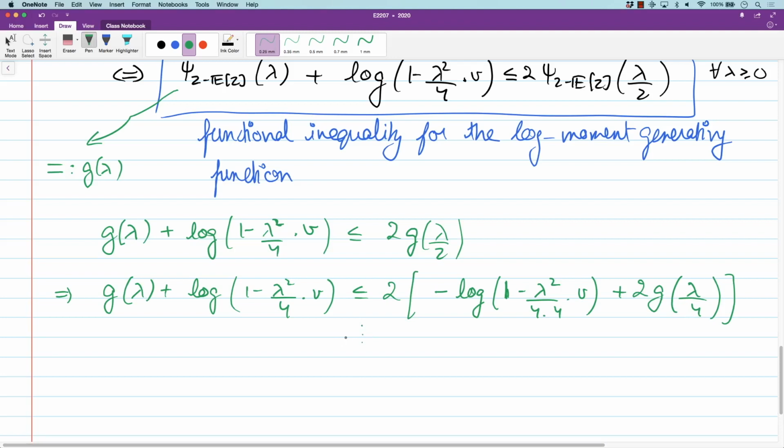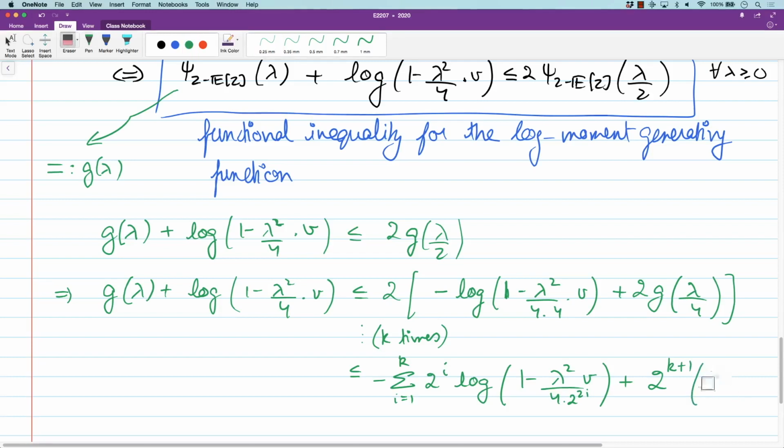So when you apply it k times, what you get is that this is less than or equal to the sum from i equal to 1 to k of 2 to the power i log of 1 minus lambda square by 4 into 2 to the power 2i times v, plus 2 to the power k plus 1 times g of lambda by 2 to the power k plus 1. Okay, that's the one.